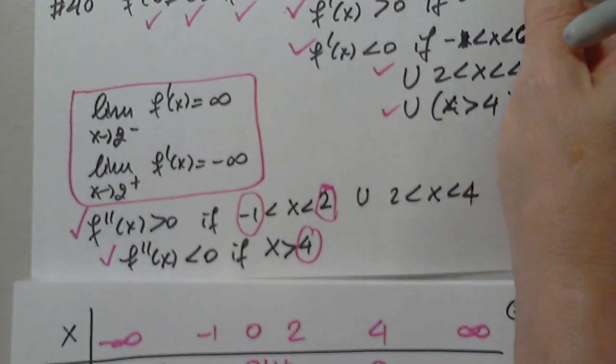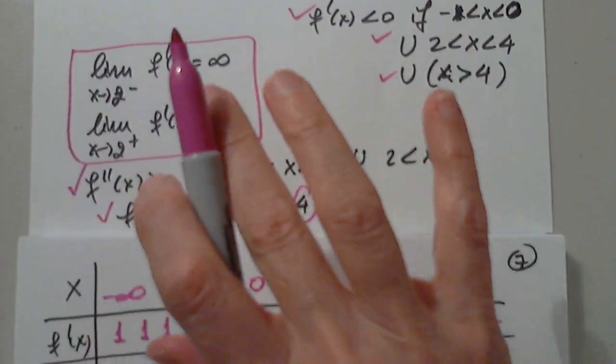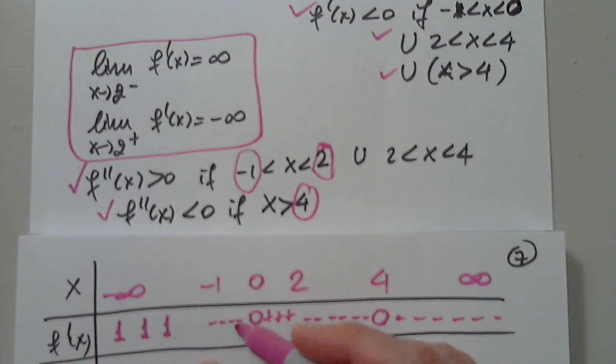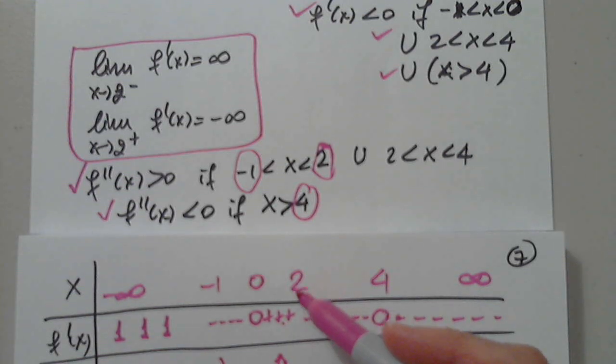So before we put that in, obviously here the function has to be decreasing. Here the function must be increasing. And this point must be a relative min. Here, increasing and then decreasing, so this point must be a relative max.